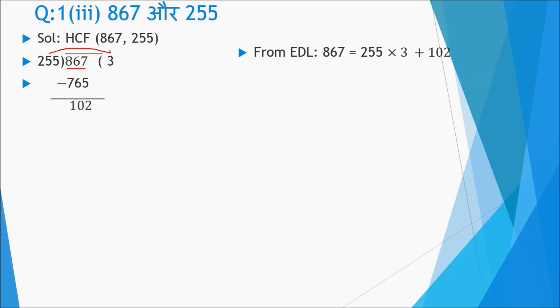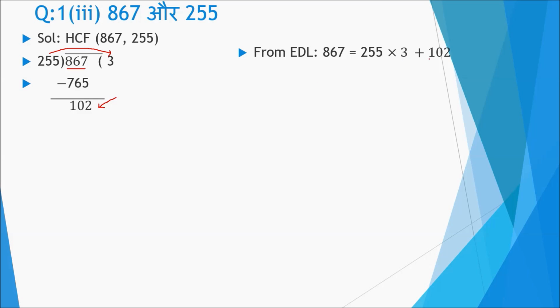So after dividing 867 by 255, we get 255 3s are 765, we get remainder as 102. Now we will apply EDL here. So from EDL, this 867 is equal to 255 multiplied by 3 plus 102.